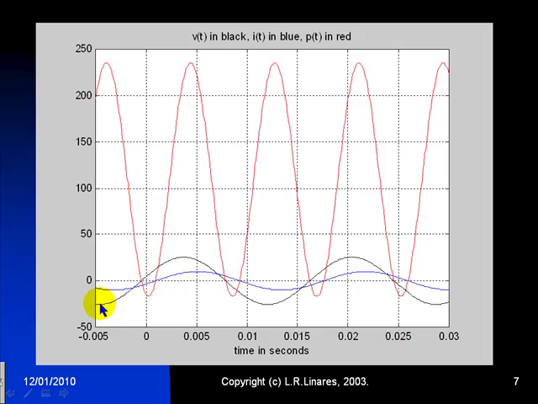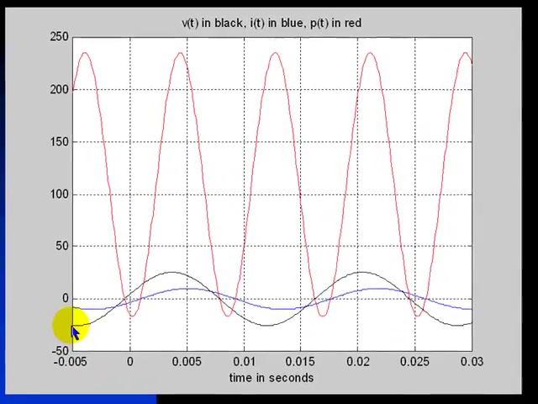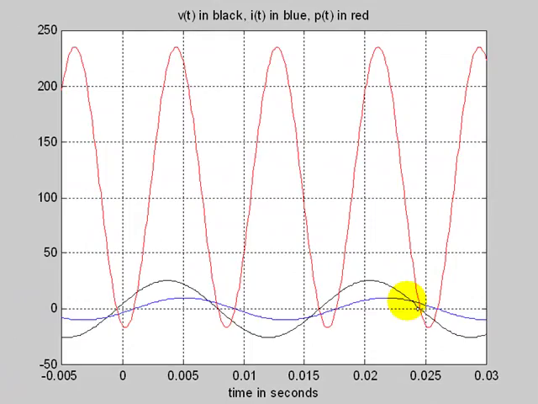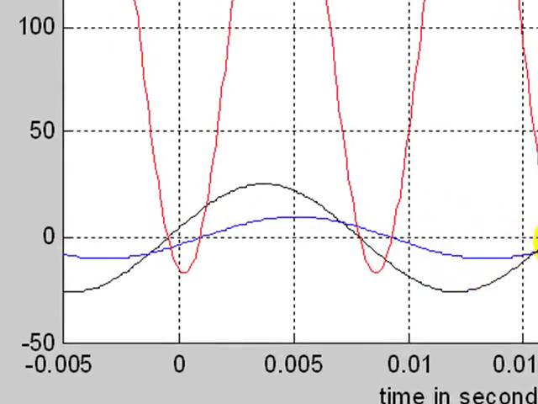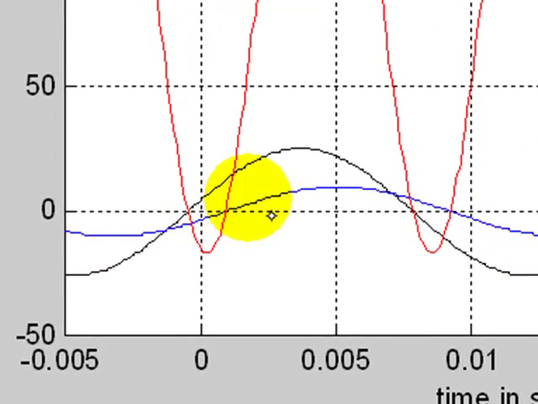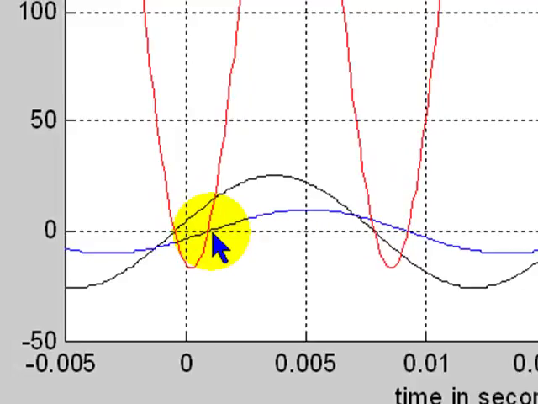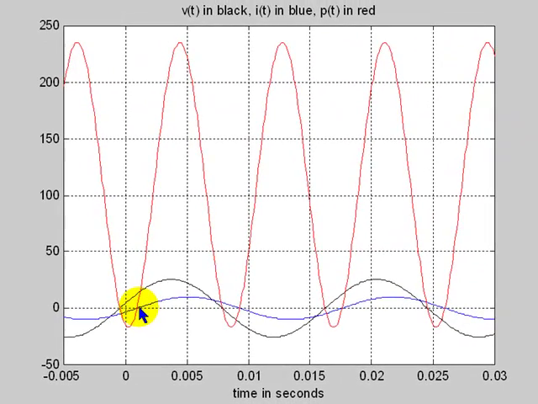If the black curve is representing the voltage and the blue curve represents the current in the element, we observe that the current is slightly lagging behind the voltage by a little angle here, so it's slightly inductive. When we multiply them, we get the power as a function of time, the power absorbed by the element, which is positive most of the time.